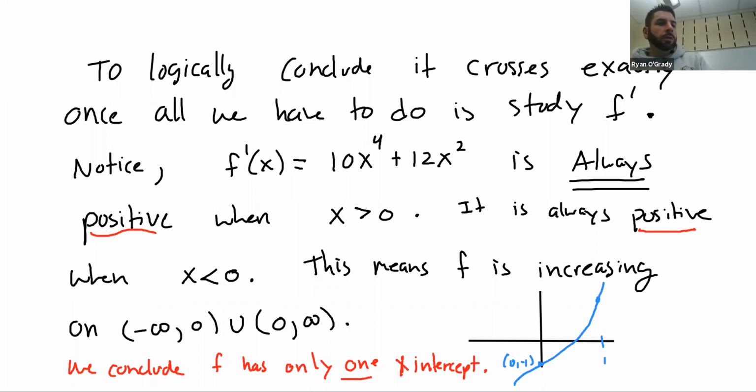Now, that's not the only way we could have reasoned this, by the way. There are other ways we could have reasoned this, but this is one way of doing it. Another way to reason, which if you look for these kinds of things on the internet, you'll see, is called a proof by contradiction.